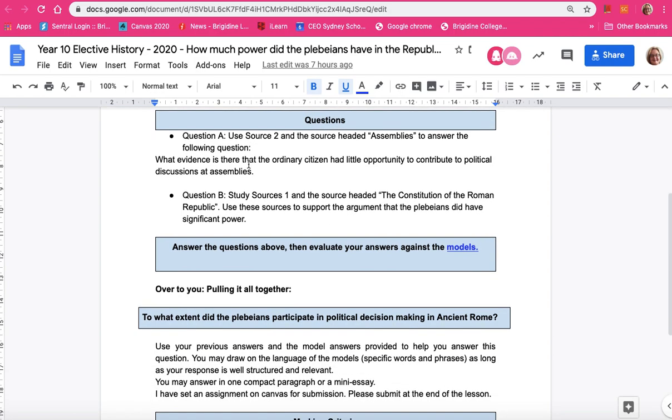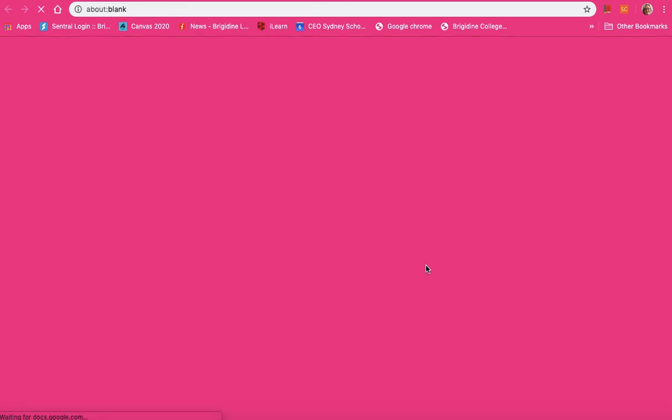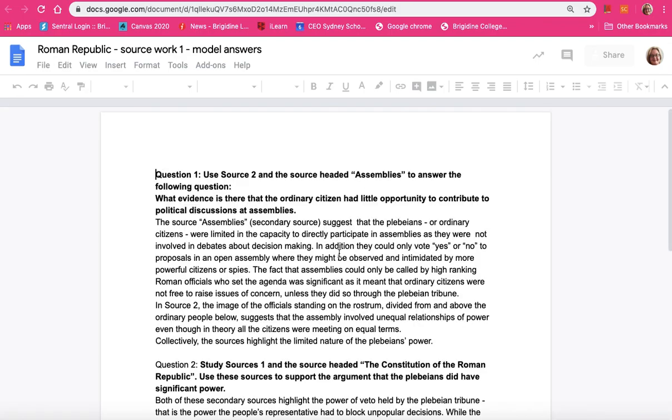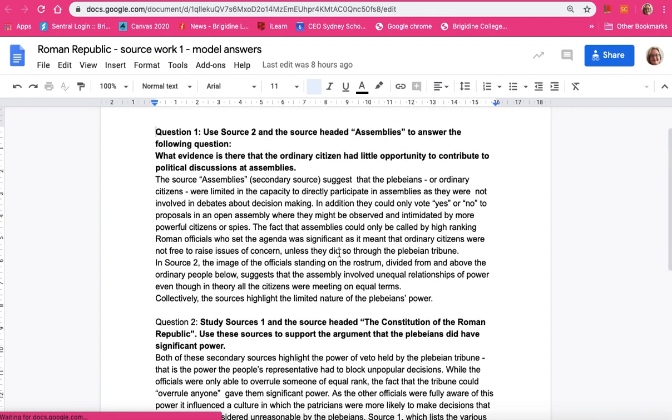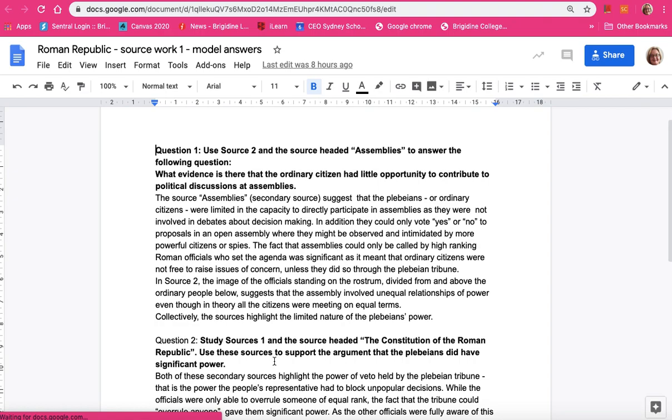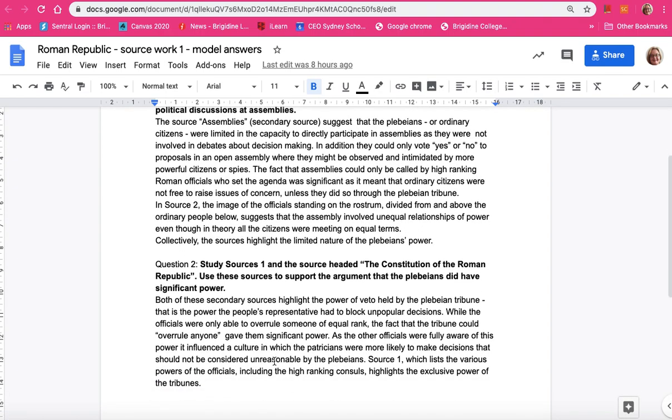These are questions. So question A: use source 2 and the source headed assemblies to answer the following question. Then there's question B. Now we've already done this in class and I've got some models for you. So I've actually got the answer to question 1 and I've got the answer to question 2.